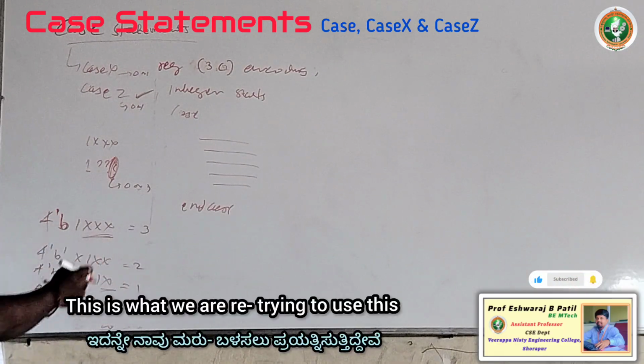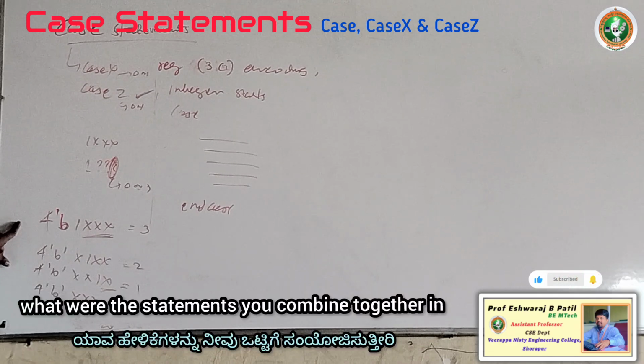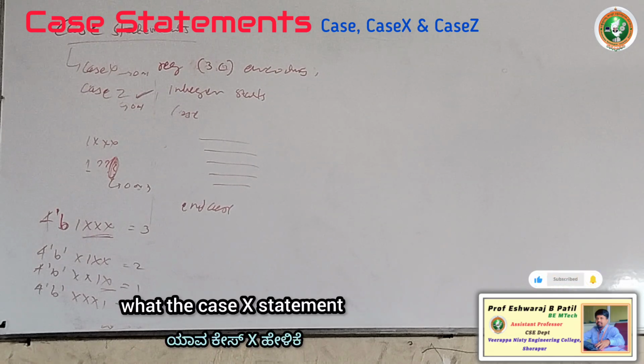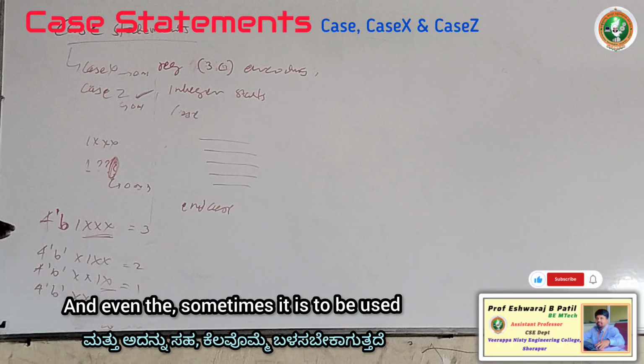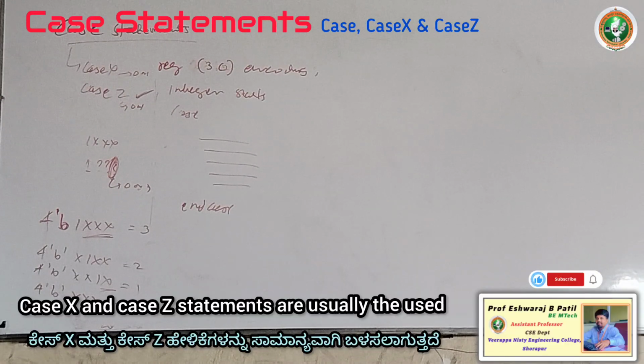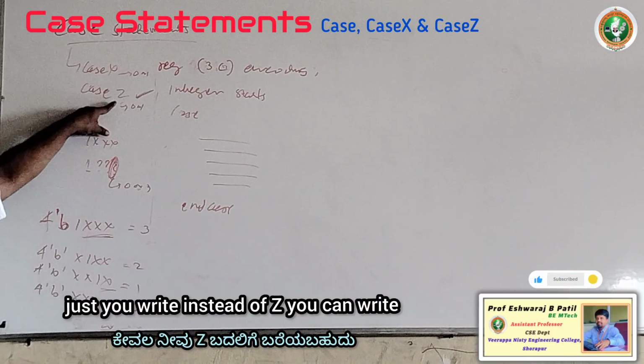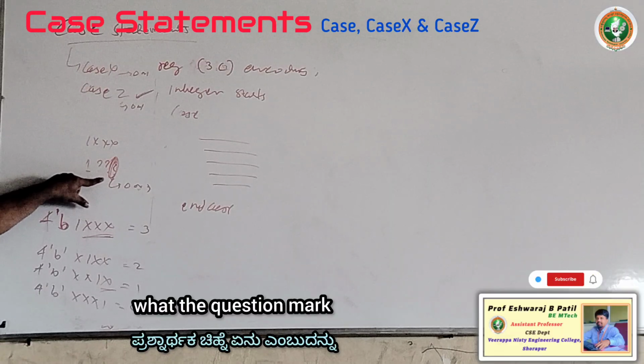This is how we use these types of statements, whatever statements you combine together, in casex, and sometimes casez is also used. With casez, instead of Z, you can write the question mark.